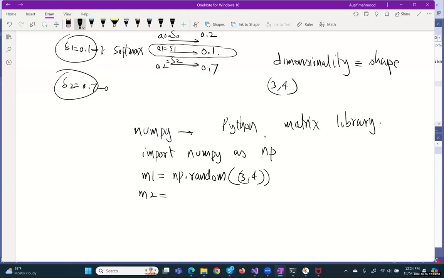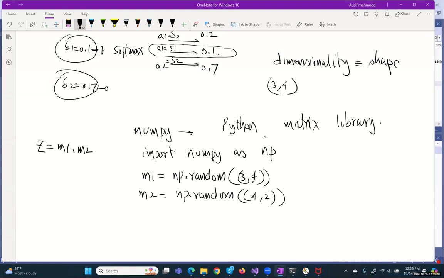Suppose you do M2 equal to np.random, and you wanted to test, can I multiply these two matrices? So the second matrix that I create, if I want to do M1 times M2, should be what? See, the first dimension has to match. Otherwise, it will give you an error message, right? So now suppose you wanted to do Z equal to M1 times M2.